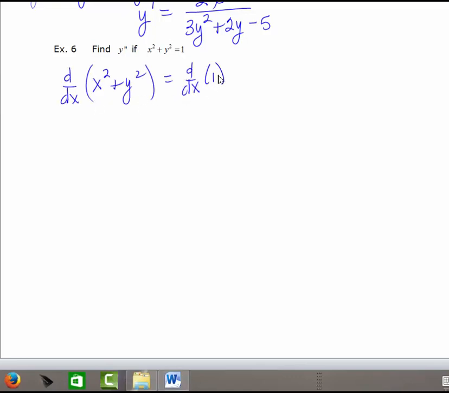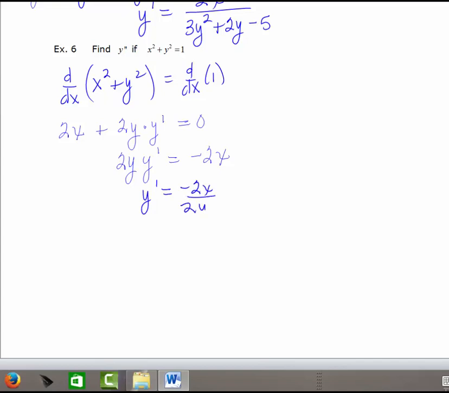We took the derivative of each side with respect to x, so we get 2x plus 2y times y prime equals 0. Subtracting 2x from each side, we get 2y y prime equals negative 2x. Dividing each side by 2y, we get a first derivative of negative x over y.